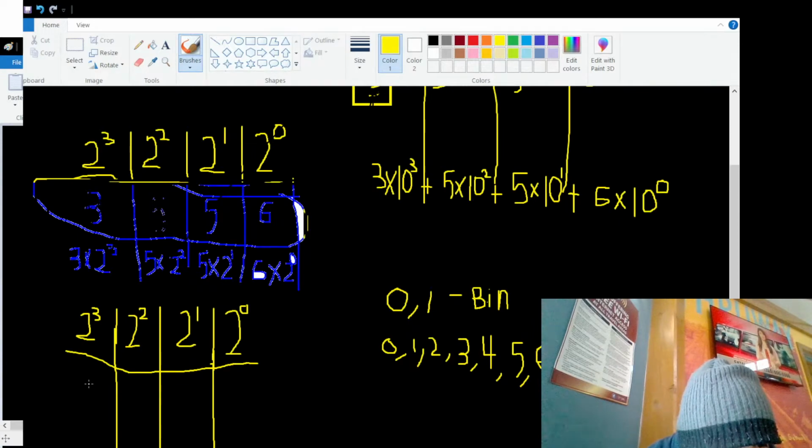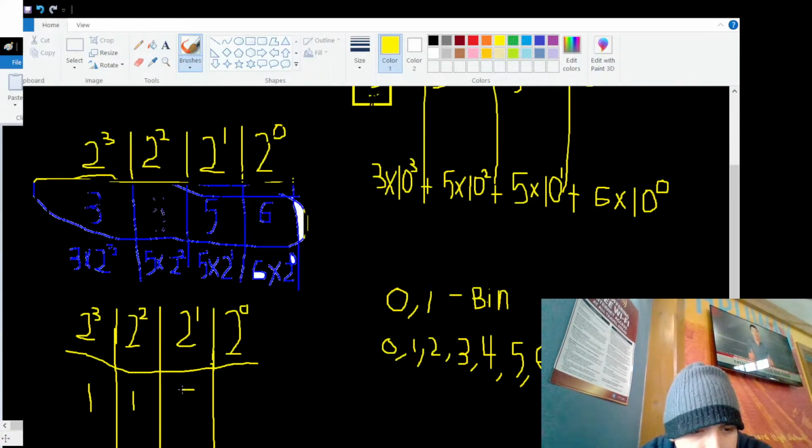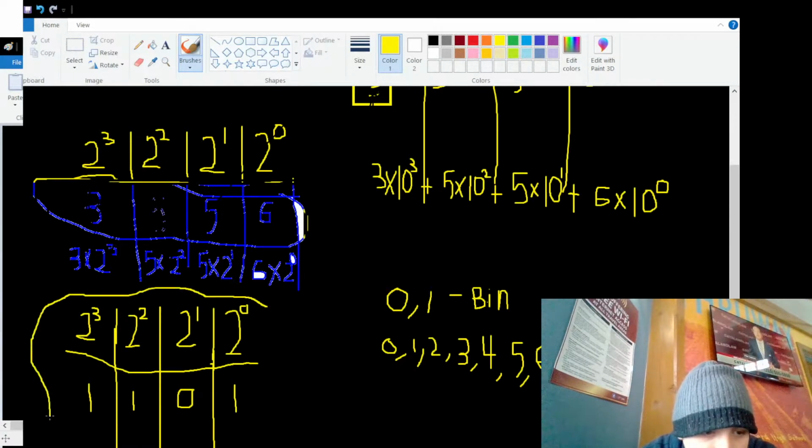So let's say I'm going to make this a 1. Since it can only be a 1 or a 0, maybe I'll make this a 1, and maybe I'll make this a 0, and maybe I'll make this a 1. Now this is a correct way to represent a binary number.